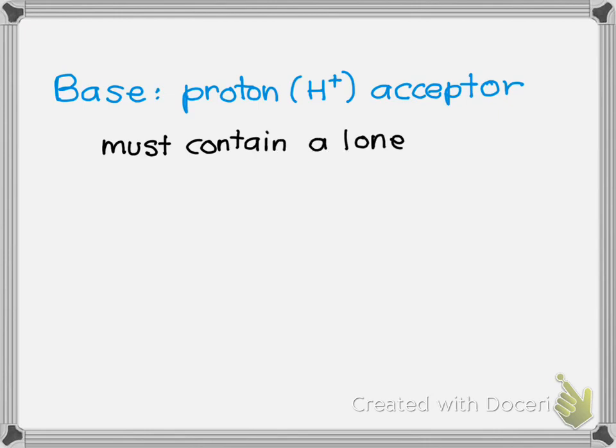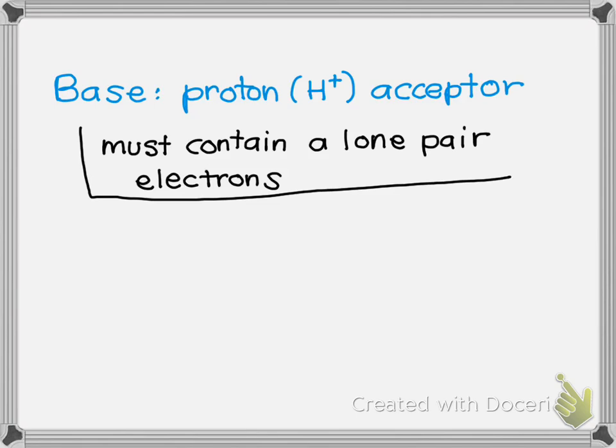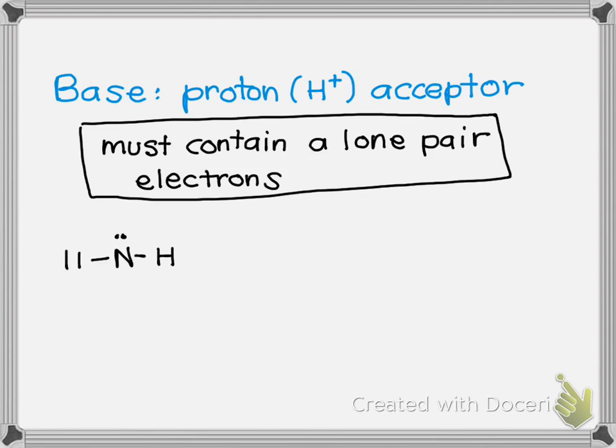Now, a lone pair of electrons, remember, is simply electrons that are on an atom that are not used in the bonding. Normally, we'll see in the next video that acids and bases will be in the same formula, and so we won't always have to be thinking directly about this lone pair, but I wanted you to understand what's happening. So remember the example of ammonia. If I wrote its Lewis structure, it looks like this.